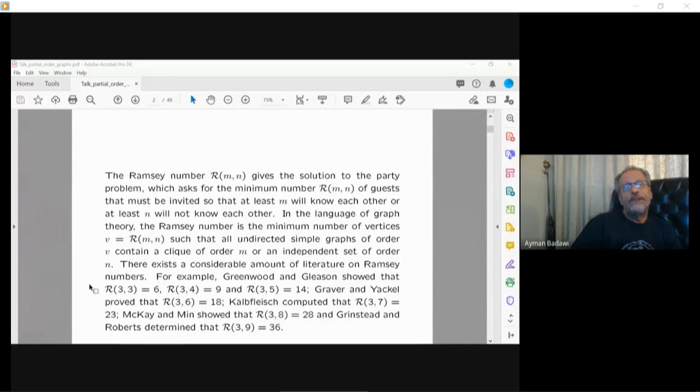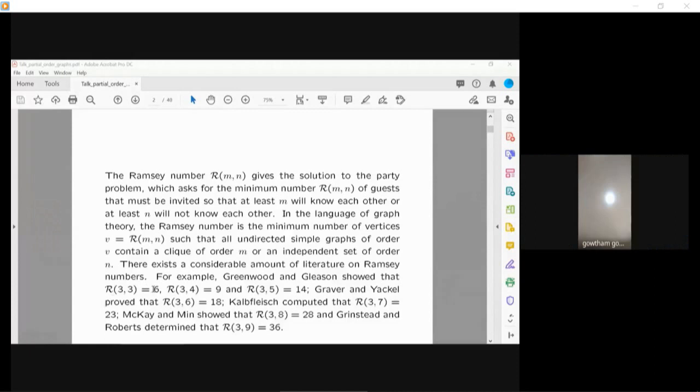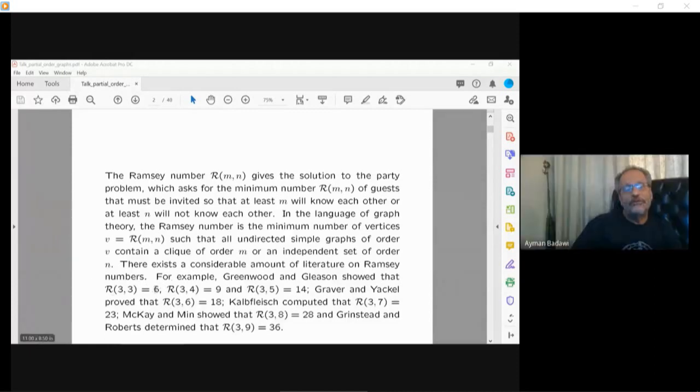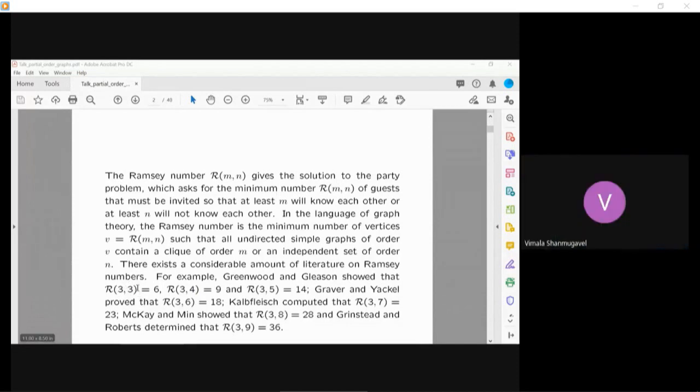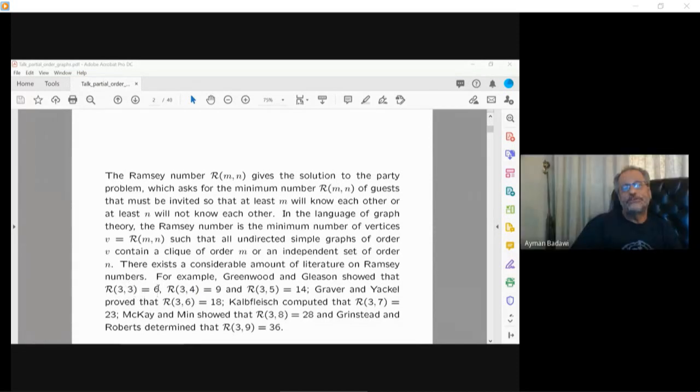The minimum number of vertices we need for an undirected simple graph in order to guarantee a complete graph with 3 vertices or an independent set with 3 vertices is 6. That's the minimum number of vertices of such a graph in order to have one of these two.